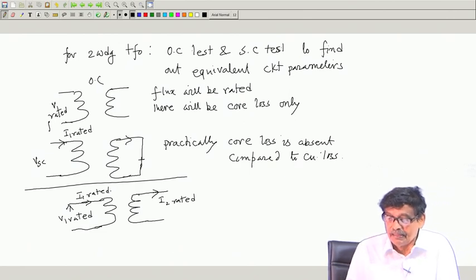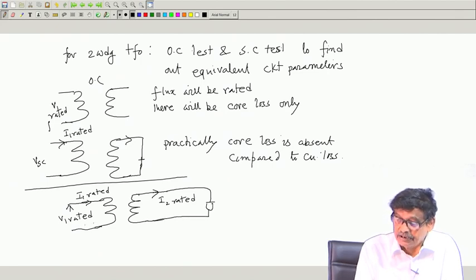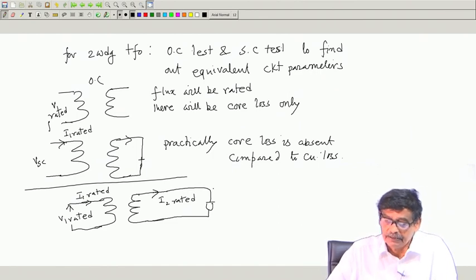Here load is connected, rated voltage, and secondary is not silent, it is supplying power.